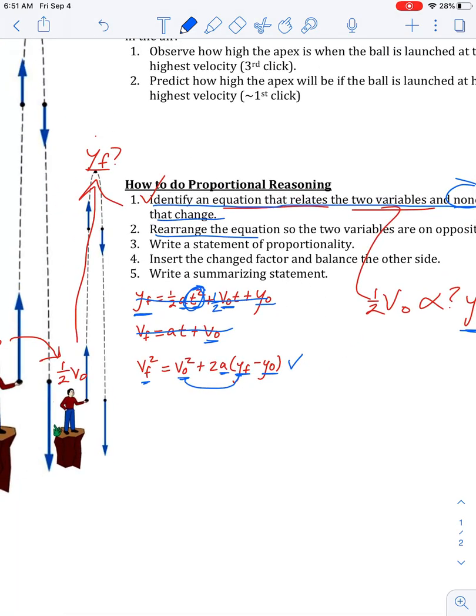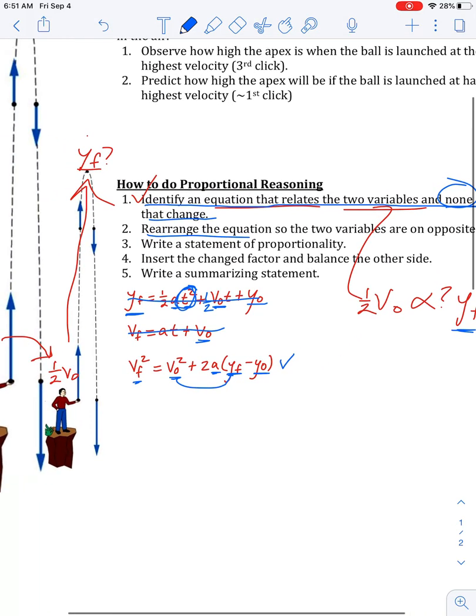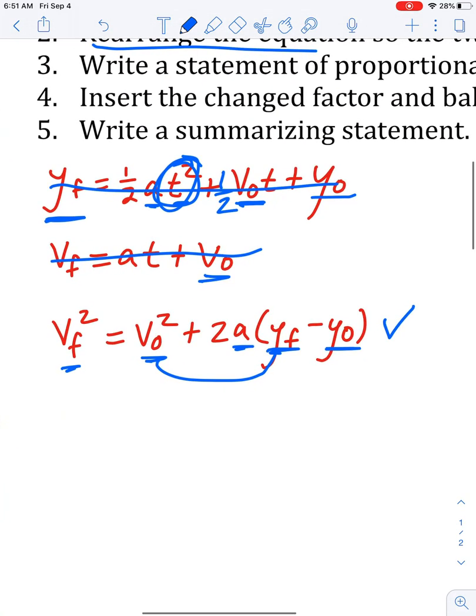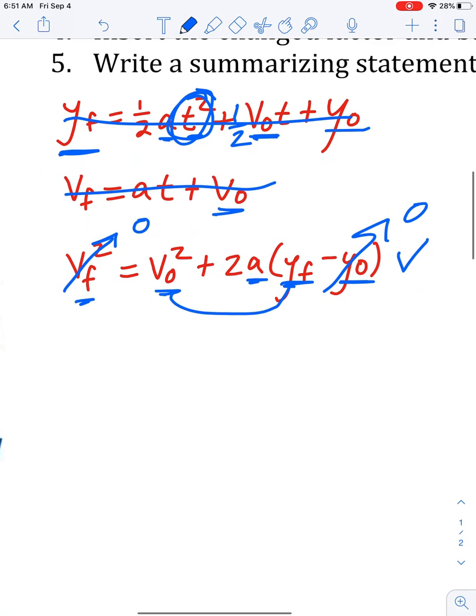Now we want to rearrange the equation so that the two variables are on opposite sides. Another thing you want to do is cross out anything that's a 0. As we just discussed, at the apex, the final velocity is going to be 0. And you can always set your origin such that your initial position is 0. So we're making it so our initial position is 0.